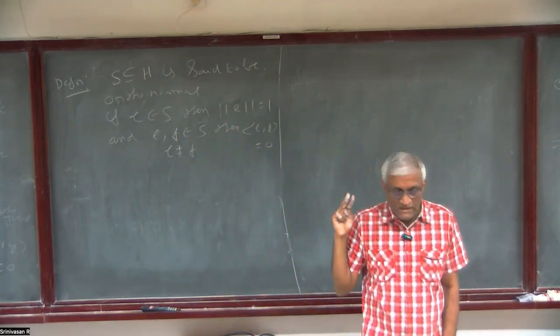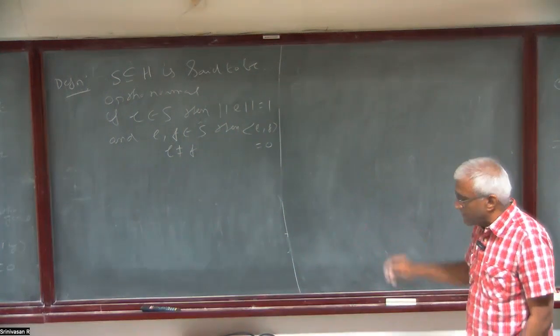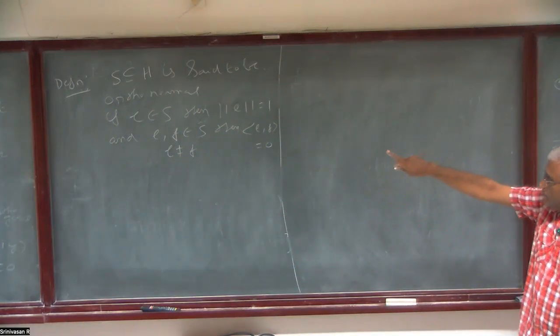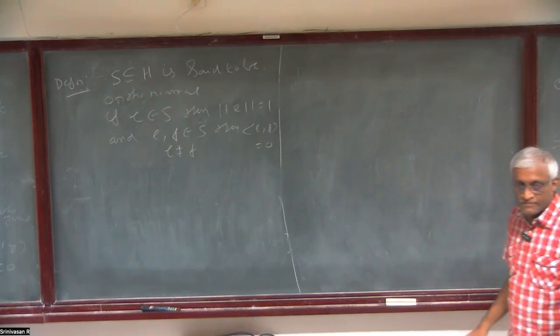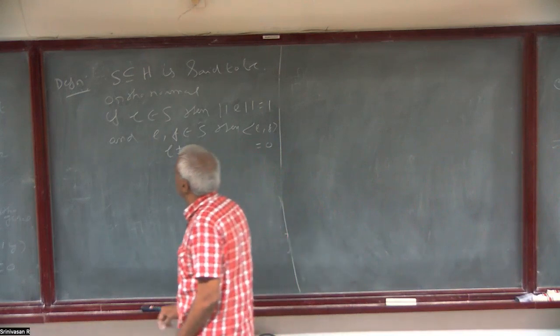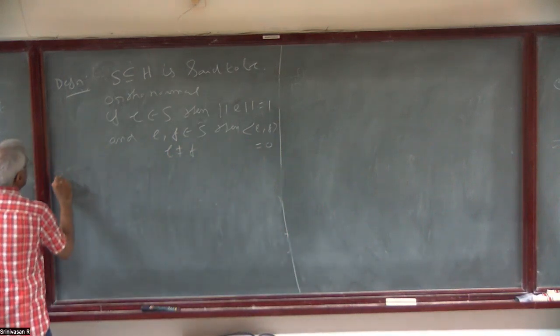If you take any two elements, they are orthogonal, and their norm is 1. Ortho means orthogonal, and normal means the norm is 1. Orthonormal.